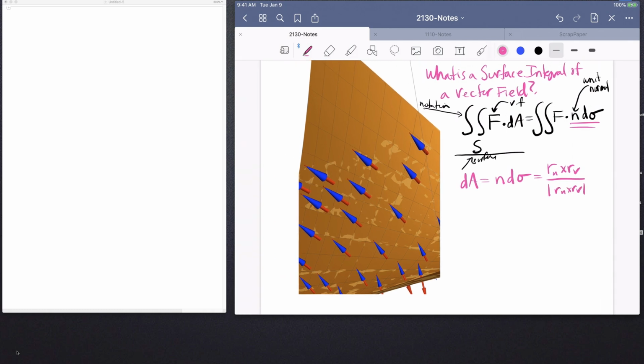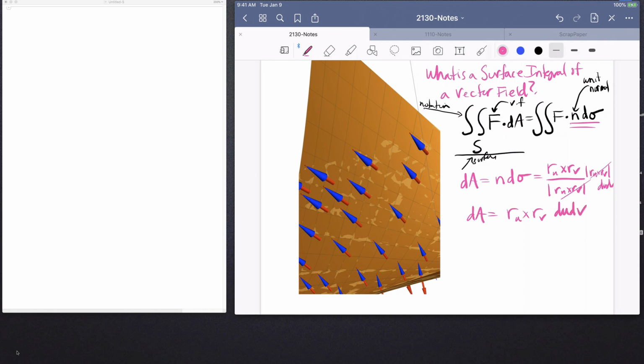And we already know the definition of d sigma: it is the magnitude of RU cross RV du dv. So we can see here that the magnitudes cancel out, and this tells us that dA is equal to the cross product of the partial derivatives of the surface with respect to the parameters, du dv.